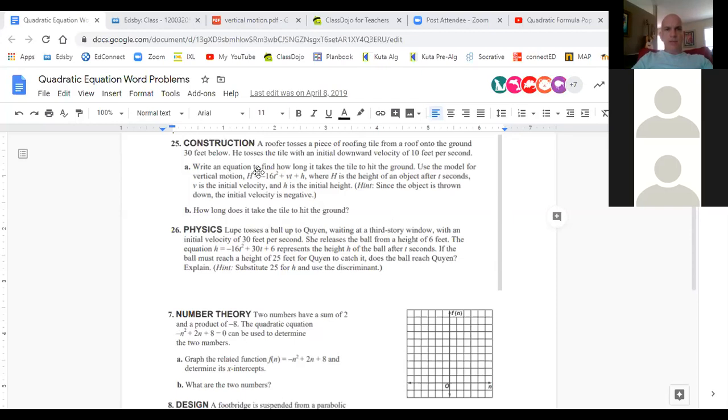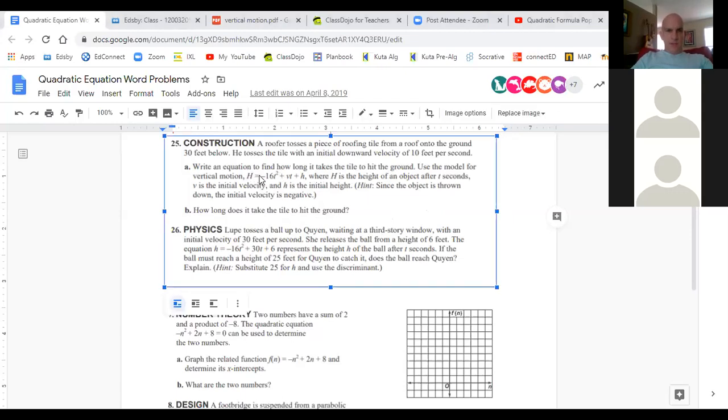Part A says write the equation for how long it takes the tile to hit the ground. All you're doing with this equation, first of all, is filling in the initial velocity and the initial height. And then you need to fill in the height. If it's hitting the ground, what should the height be? 0. Right.